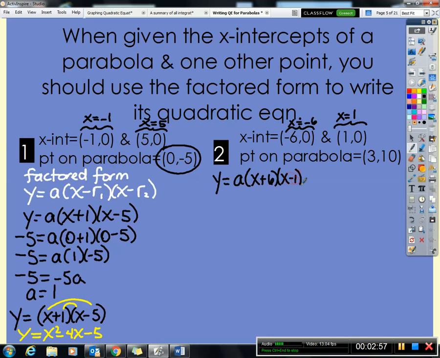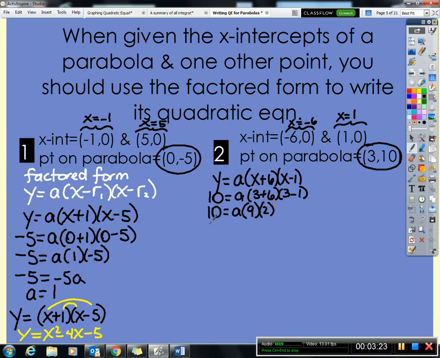So I've got the general form set up. Again, I need a. You need an extra point in order to find a. So I'm going to plug in 3, 10. 10 is the y, 3 is the x. Clean up. 3 plus 6 is 9. 3 minus 1 is 2.